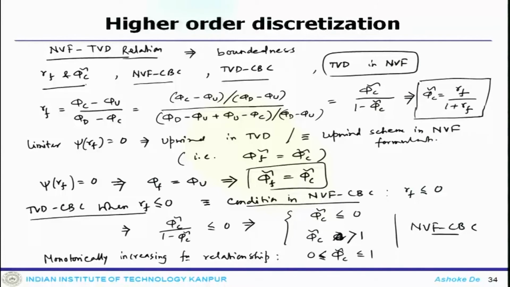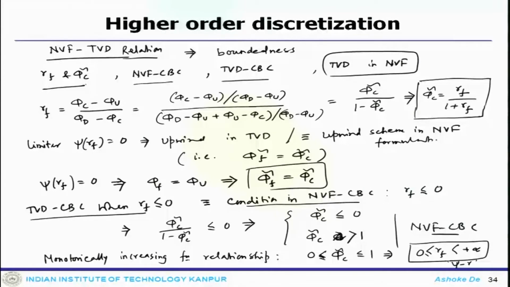So, now if you recall your psi r diagram, this extends the region in psi r diagram like RF goes to plus infinity, and this is the condition you get in psi r diagram.